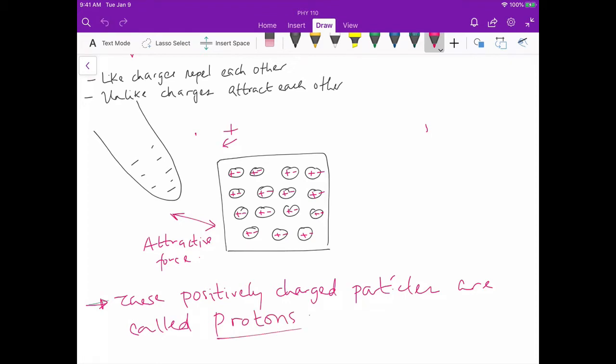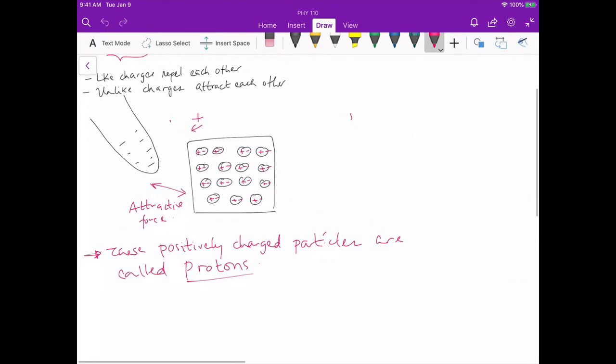Okay, then likewise, the negatively charged particles are known as electrons.